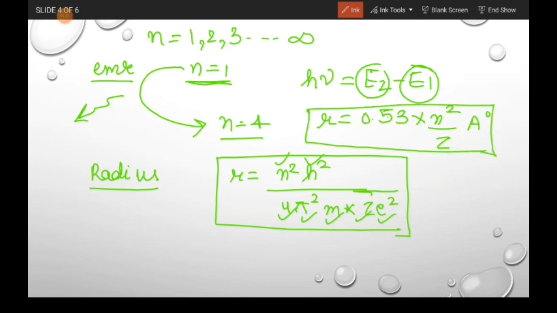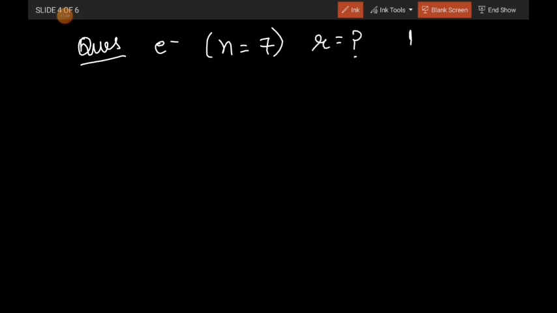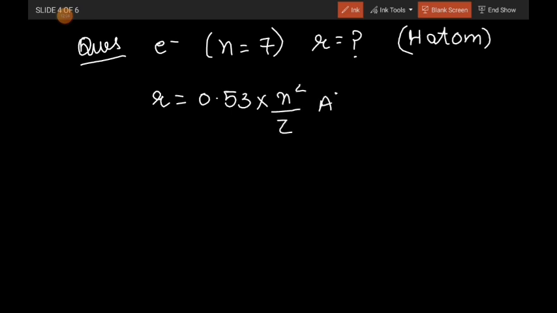Let us do one question first to understand it better. The question says that we have an electron present in the 7th orbit. We have to calculate the radius of that, and this is actually a hydrogen atom. So what formula do we have to apply? We have to put r equal to 0.53 multiplied by n square upon z angstrom. So how will we solve?